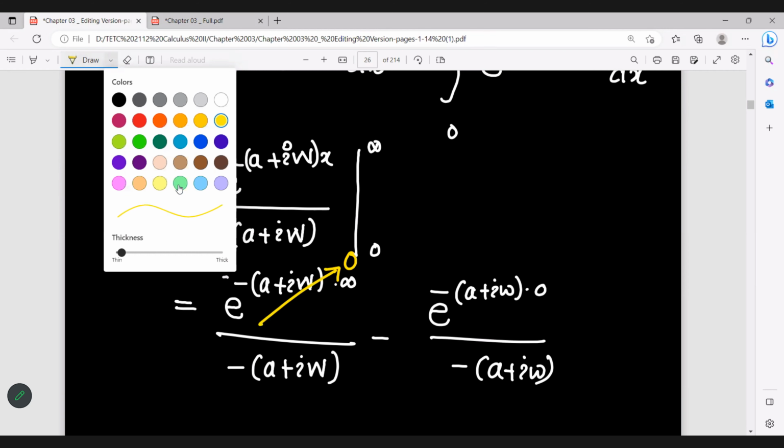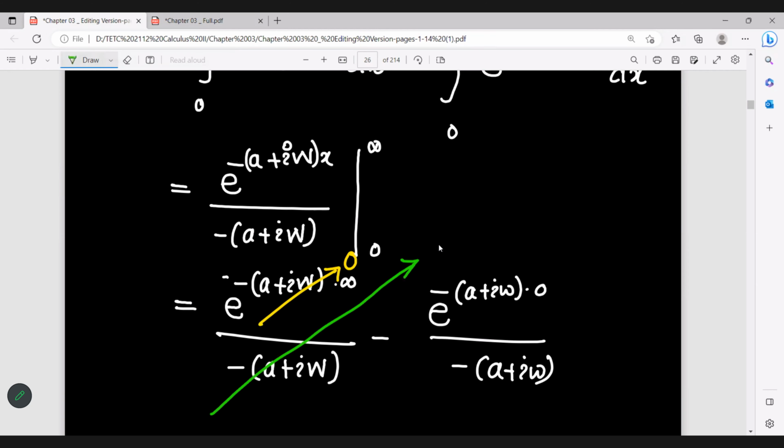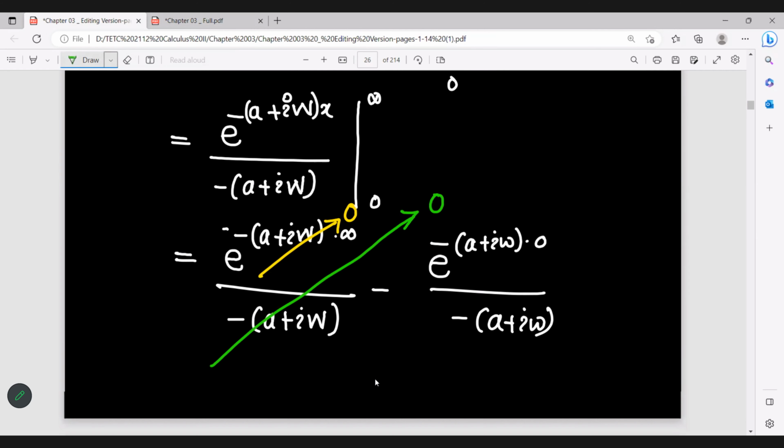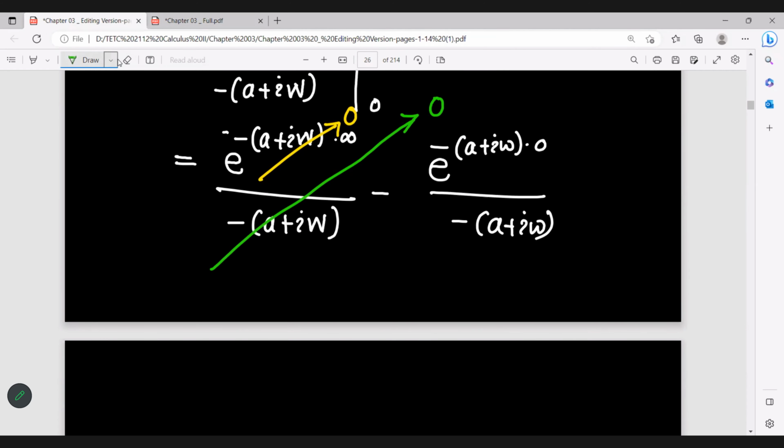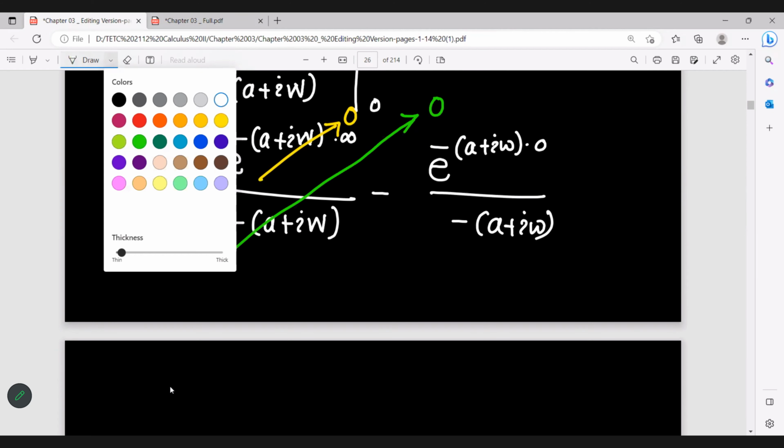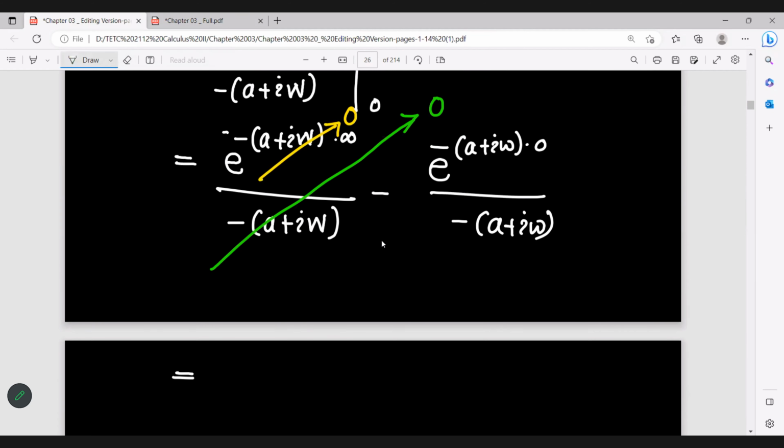Since the numerator goes to 0, the entire first term goes to 0. And we can multiply this minus and this minus, and it becomes plus 1.